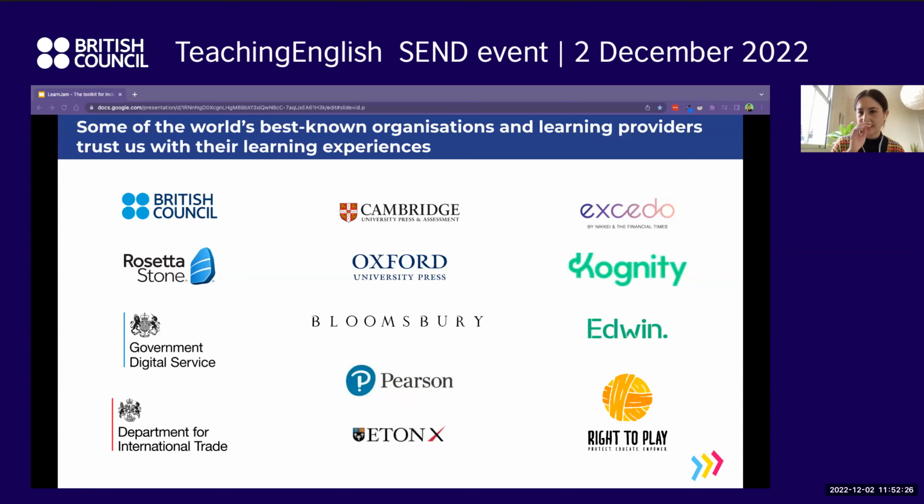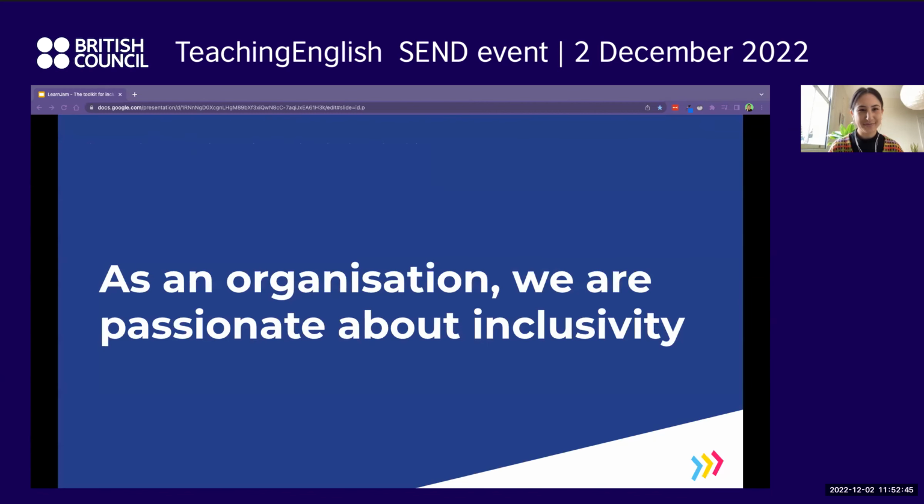Or in the top right, you can see there's a product called Exeto, where our learners were managers and professionals needing to upskill in English communication skills. And then below, there's one called Cognity, which is for K-12 students. But the common thread here is that we're learner-focused in our approach, which we apply to many contexts and organizations. As an organization, we're also really passionate about inclusivity.